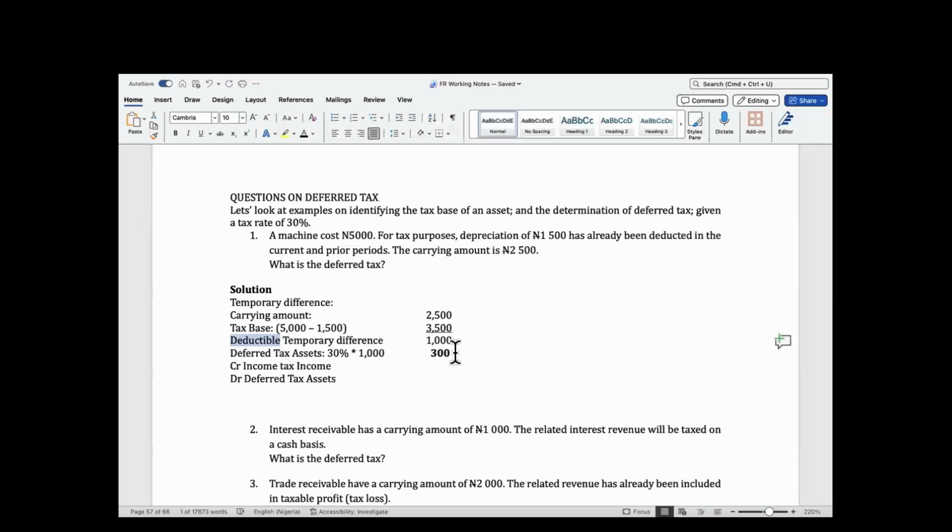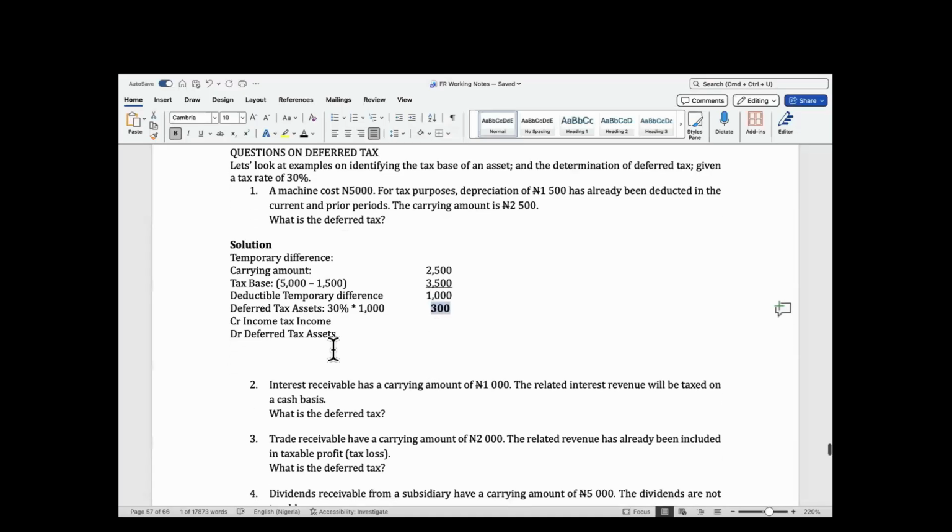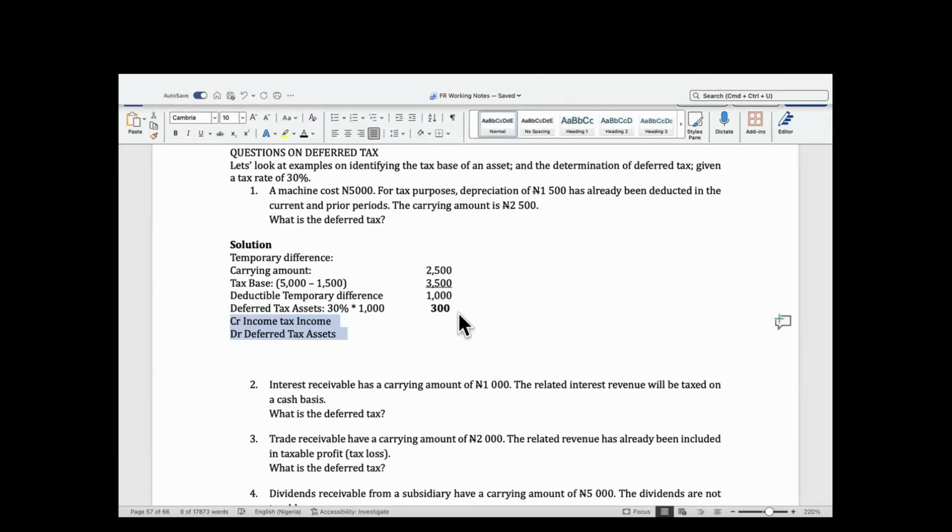And I will calculate deferred tax asset on that, because more deductions means I'm not paying more. It's a benefit to me, and that's an asset now. So I do 30% times 1,000, which is 300. Then I pass the journal in my books like that. Okay, all right, thank you, sir.